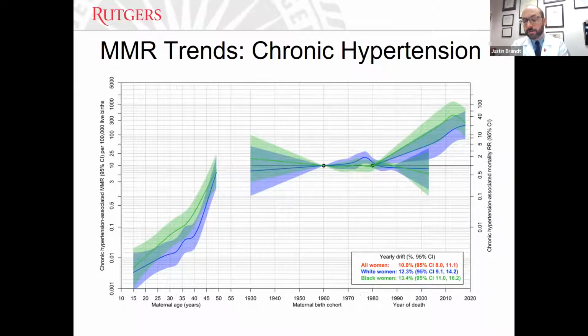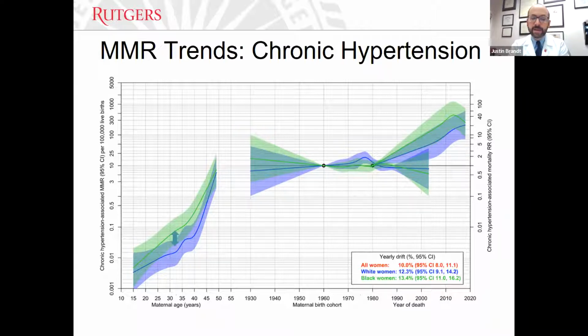And then on the far right, when we're looking at the period effects, we see a substantial increase in the chronic hypertension-associated mortality rate ratio during the study period, and that increase was more significant for Black women compared to white women. And you'll notice I'm not focusing on cohort effects very much in these tables because they didn't play a significant role.